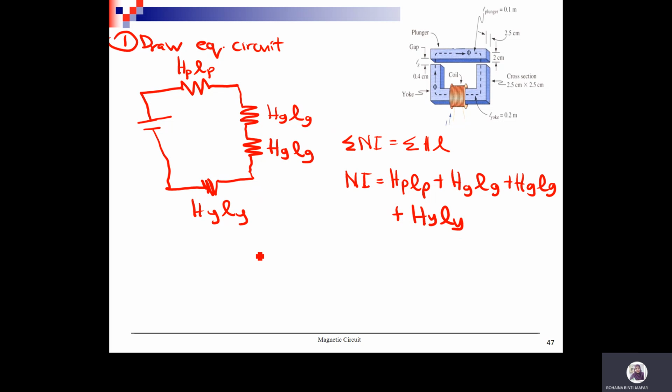Or you can also write it as Ni equal to H plunger L plunger plus 2 Hg Lg, since you have two air gaps, plus H yoke L yoke. So these are the Ampere circuit formula.